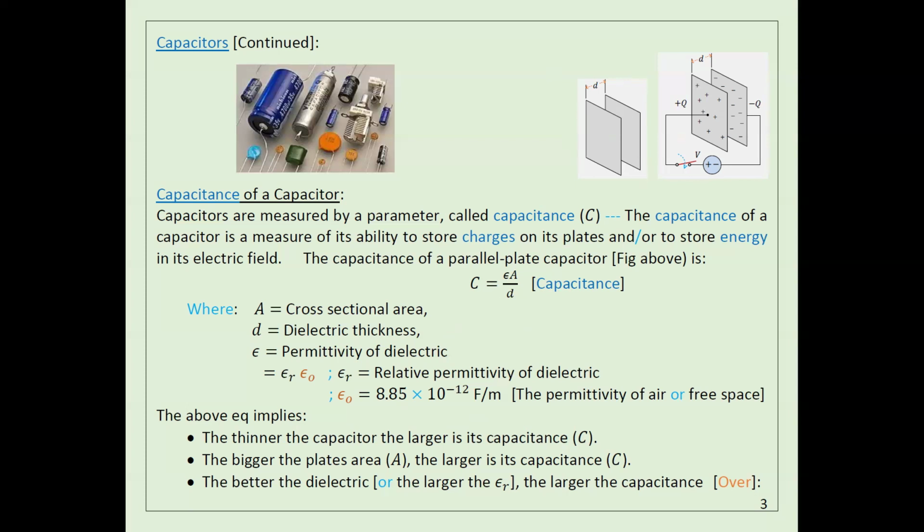But as the plates get closer, as you reduce D, the capacitance increases. It can store more. Same thing with epsilon R: higher epsilon R means a larger capacitance. This is related to the material. So if I want high capacitance, I have to select a material that has a high epsilon R. Is that okay?